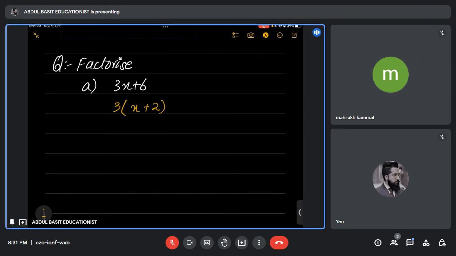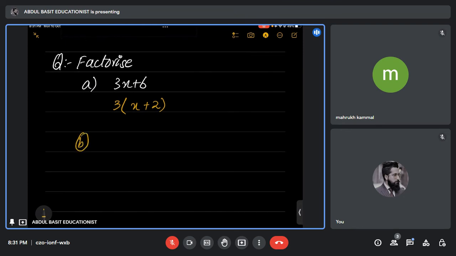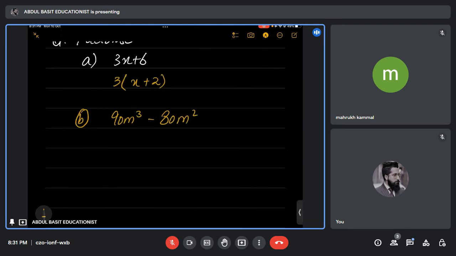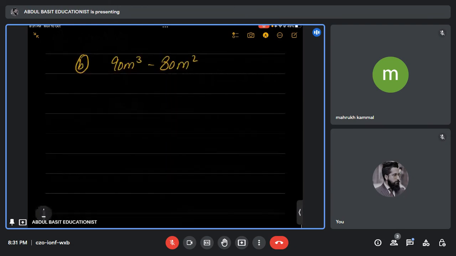And if I expand this again, I'll get 3x plus 6. Get it? जी. So for example, part B is something like 90m cube minus 80m square. So Maro, can you please tell me what is common in this algebraic expression?